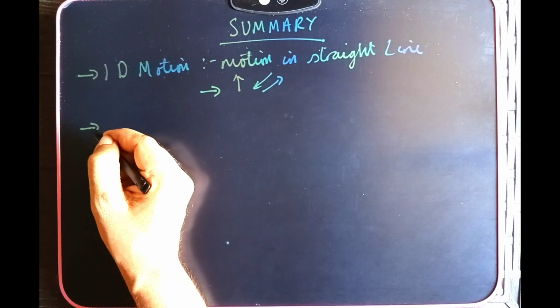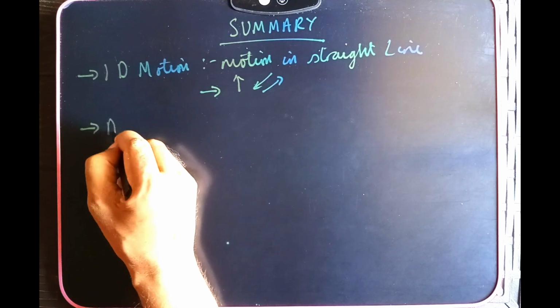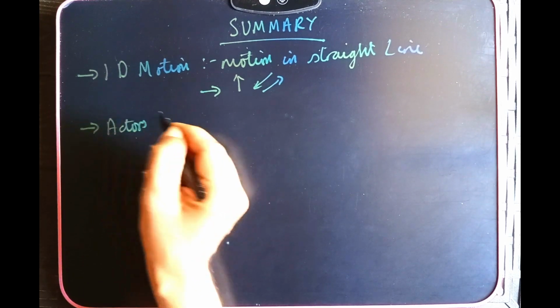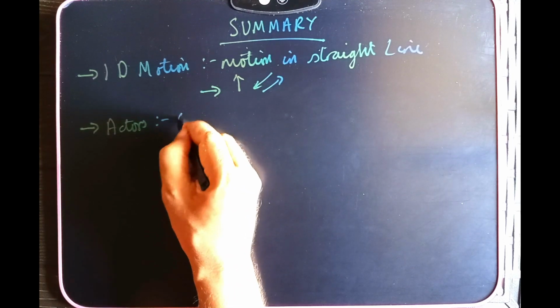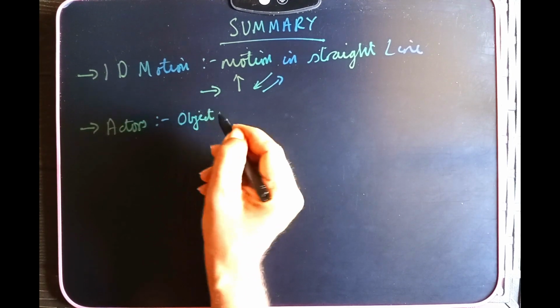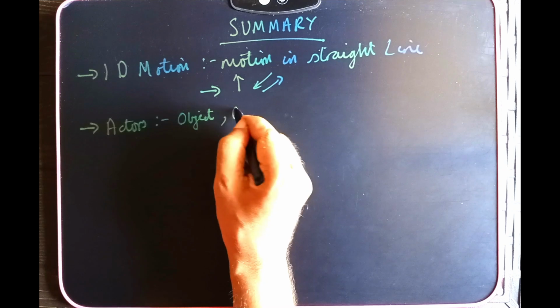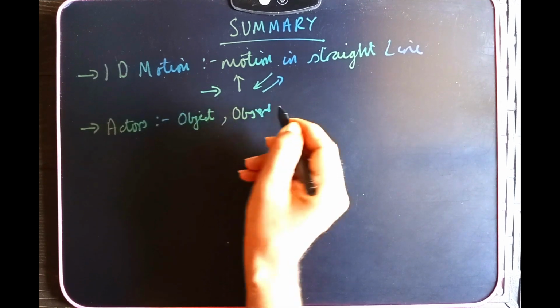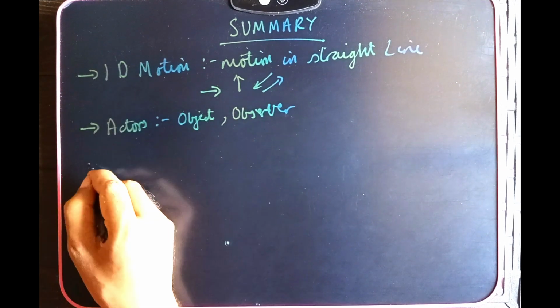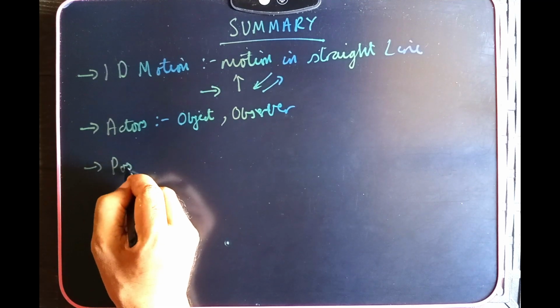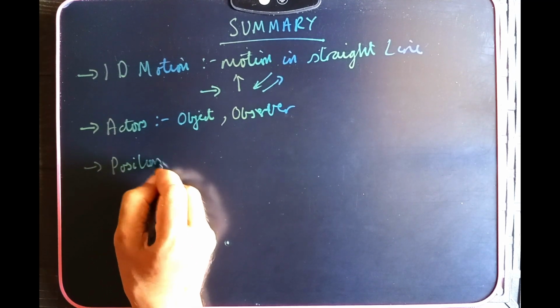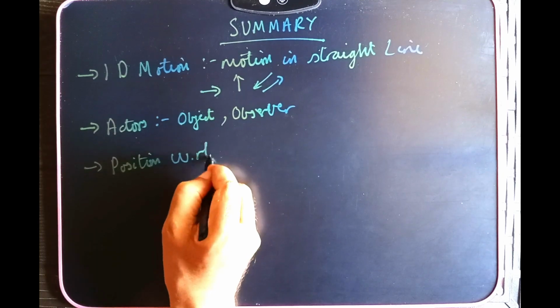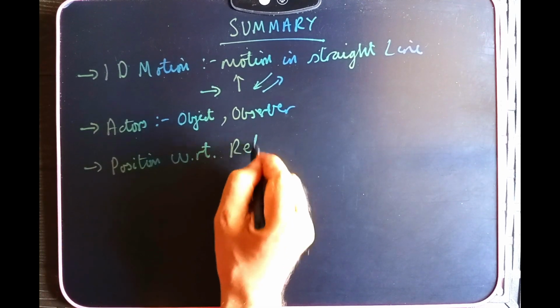Then we have studied the actors involved. We need the object which is of interest for motion, and we need the observer as well. And then we studied about the position with respect to reference point.